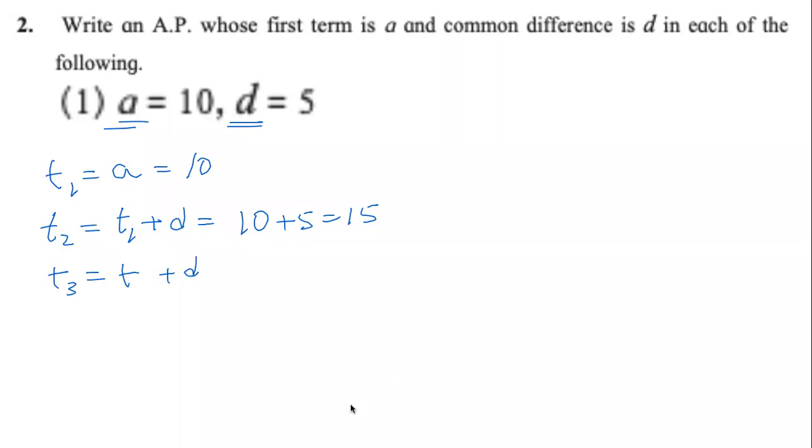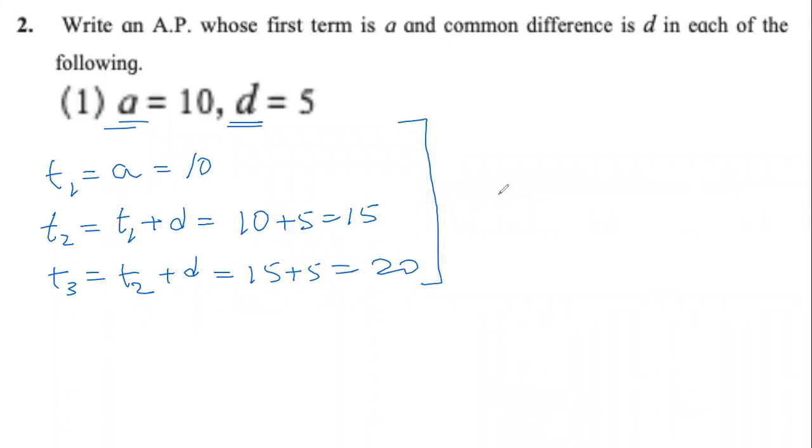That is what an arithmetic progression is. That is the definition, so we are using the definition. So 15 plus 5 equals 20. And this is the minimum we have to show. 3 terms, minimum.